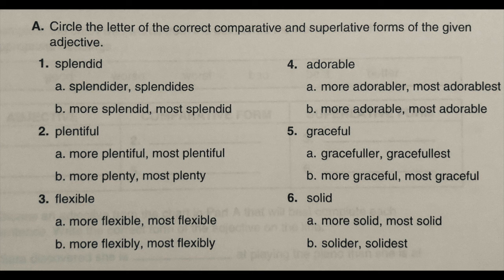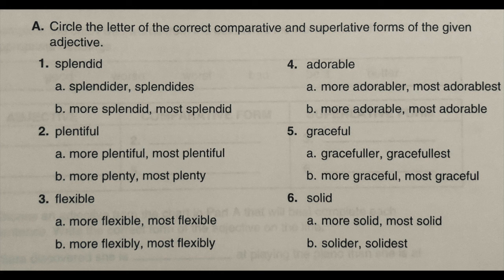All right, let's look at part A on page 57 and read the instructions and do number 1 together. Part A, the instructions say, circle the letter of the correct comparative and superlative forms of the given adjective. All right, so number 1, the adjective is splendid. I love that adjective.